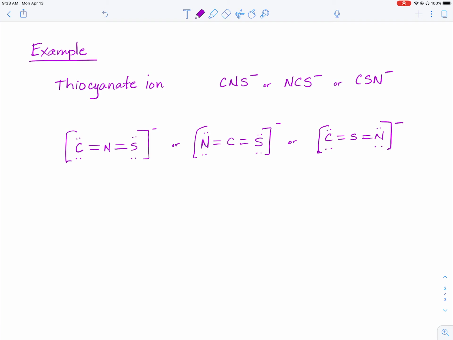We're going to calculate the formal charge for each one of these atoms. And from that formal charge in each structure, we're going to try to predict which one might be the most appropriate one. So again, remember it's valence number of electrons minus lone pairs minus half the bonding pairs.